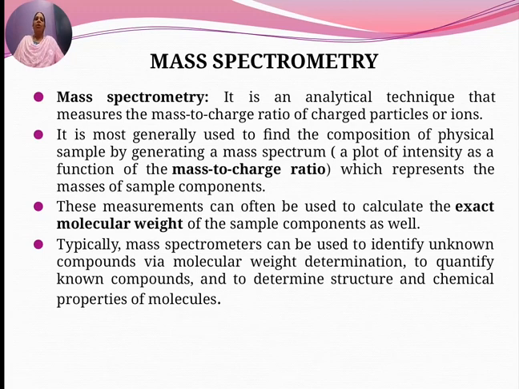It is used to find the composition of a physical sample by generating a mass spectrum which represents the masses of sample components. You can identify the different masses of the sample components.